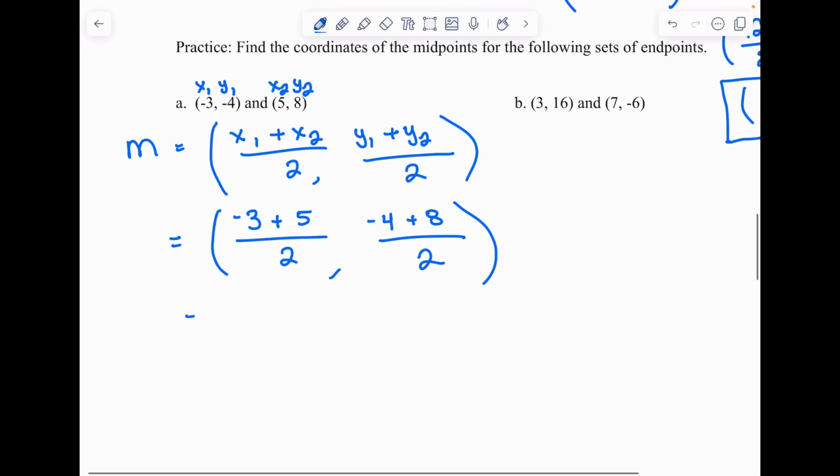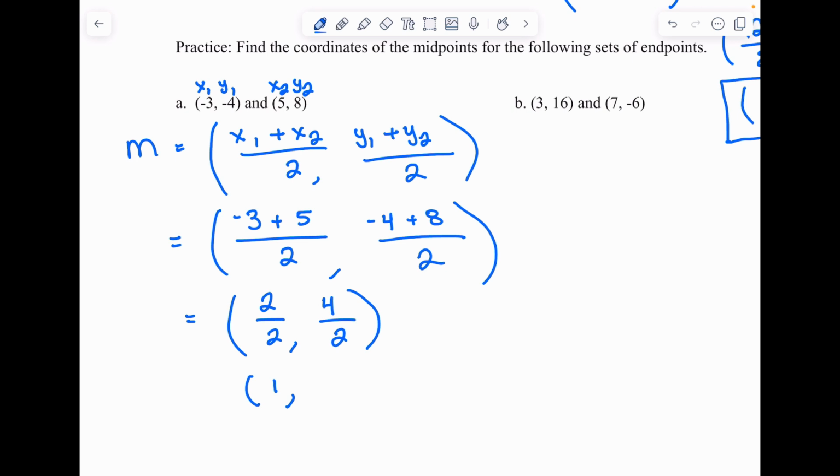And now we simplify. -3 plus 5 is 2, and -4 plus 8 is 4. 2 divided by 2 is 1, and 4 divided by 2 is 2. And so the point 1, 2 is the midpoint of this segment.